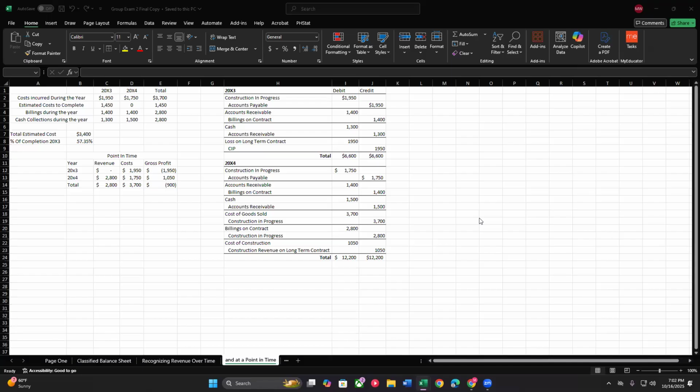Is it supposed to zero out in this? I wonder. That's what I'm wondering, if maybe we made the mistake up here that we shouldn't have added that in. Yeah, I think it's just because since you're not adding revenue, 2023 is not supposed to zero out. And it's supposed to just show. Yeah, I think that is our mistake because the 1950 plus the 1750 here equals 3,700.